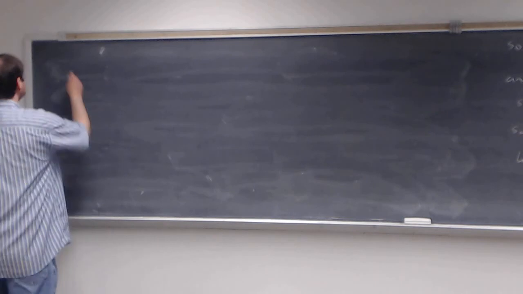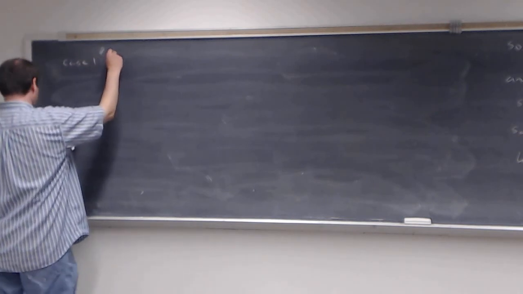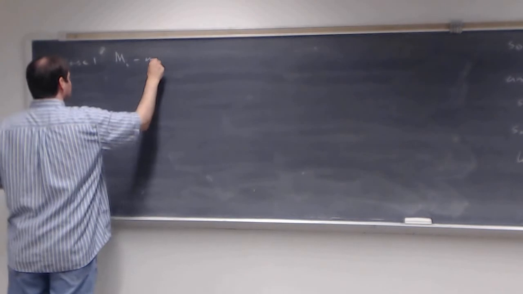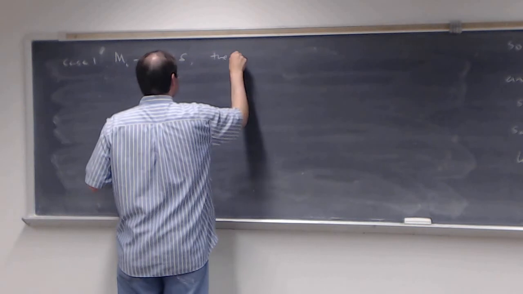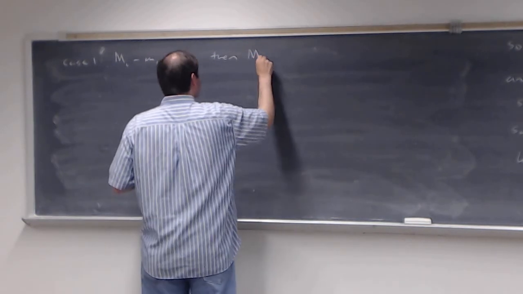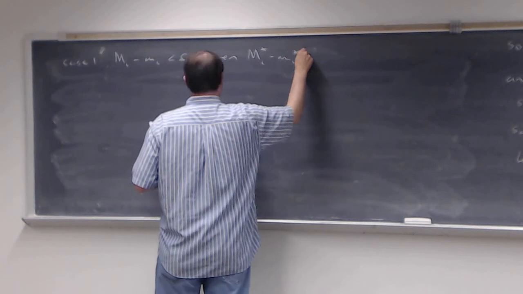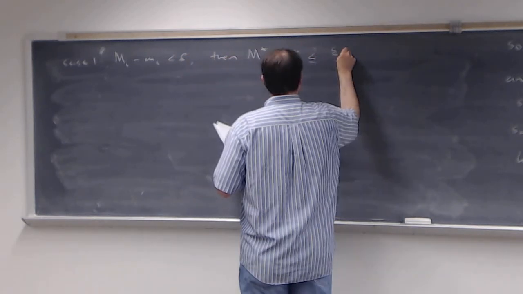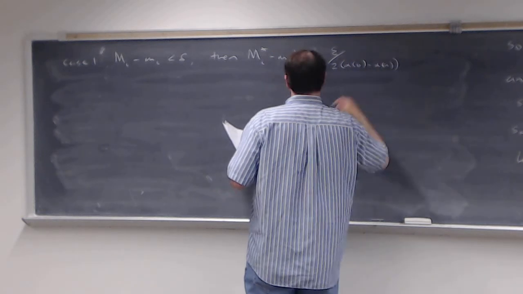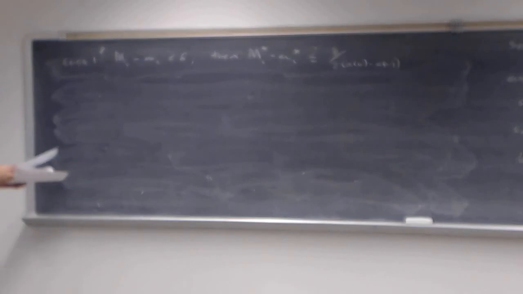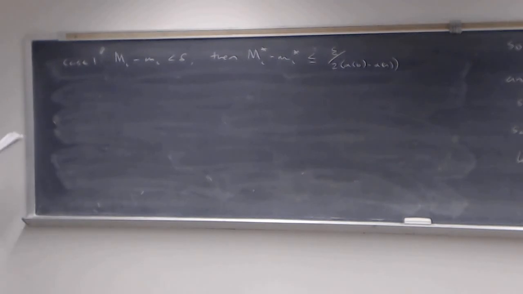The first case is that capital M sub i minus little m sub i is less than delta, and then what we have is that M sub i star minus little m sub i star will be less than or equal to epsilon over 2 times alpha of b minus alpha of a. And that's because of the continuity.